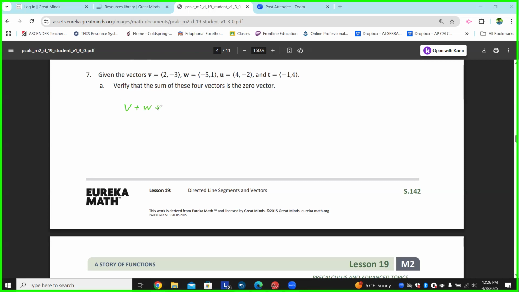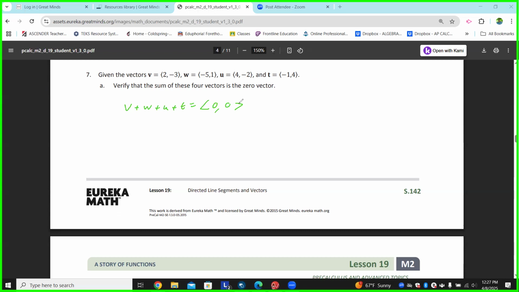Add them together to make sure that you get the 0 vector. If you didn't, check your math. And did you all get 0, 0?